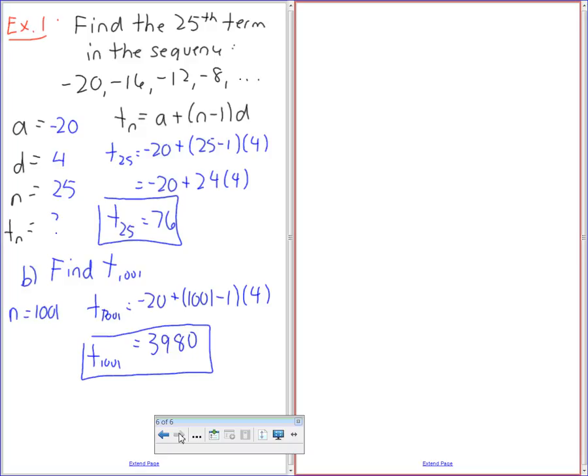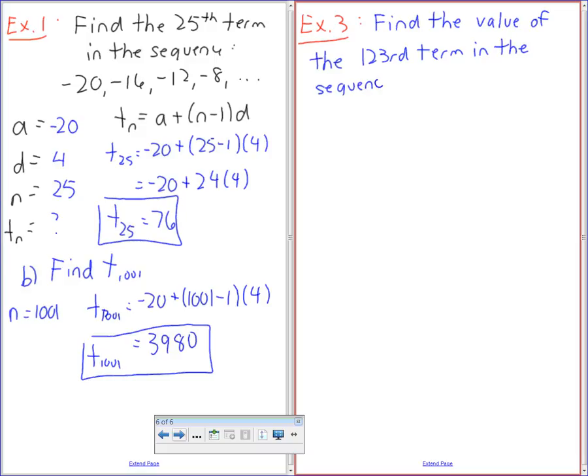All right, example 3. What am I on? I lost the count. This example, that should have been 2, shouldn't it? I'm going to hit pause on the video.